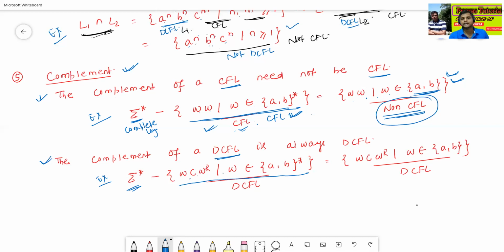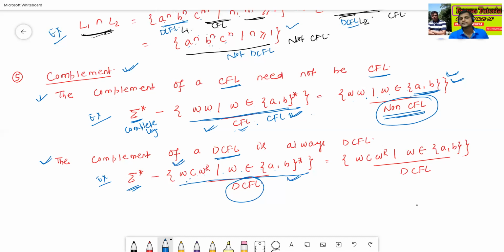w c w^R such that w belongs to (a,b) whole star. This language is called a DCFL language, a deterministic context-free language. So when we take the complement of this language, we can get its complement, w c w^R such that w belongs to (a,b) whole star.